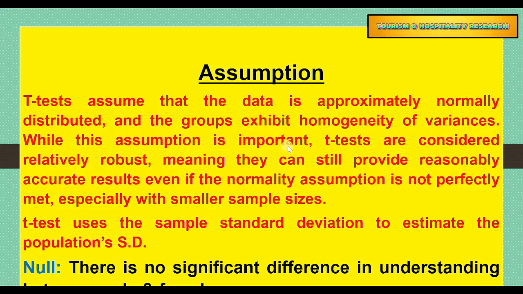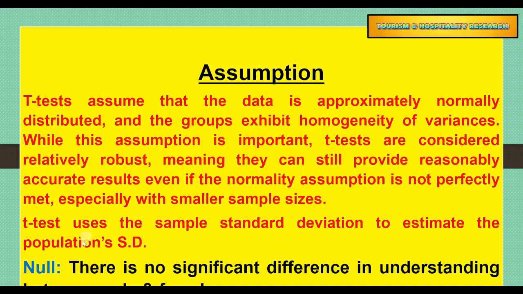While this assumption is important, t-tests are considered relatively robust, meaning they can still provide reasonably accurate results even if the normality assumption is not perfectly met, especially in the case of smaller sample sizes. T-test uses the sample standard deviation because the population standard deviation is unknown in this case, and it uses this to estimate the population standard deviation.